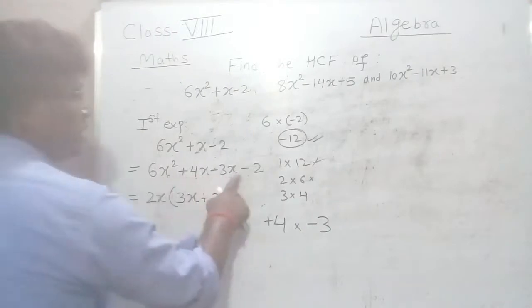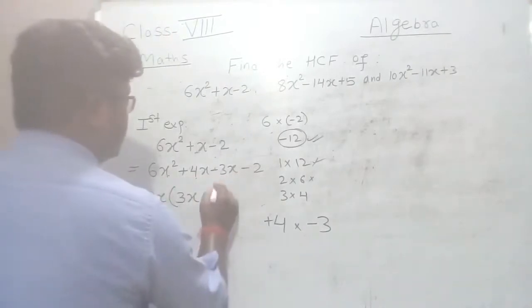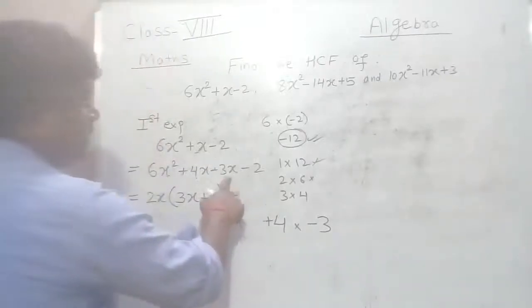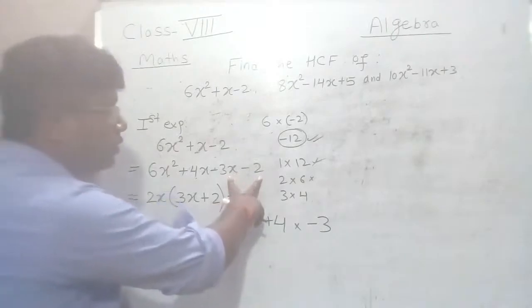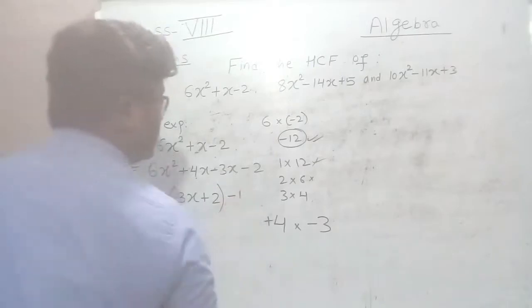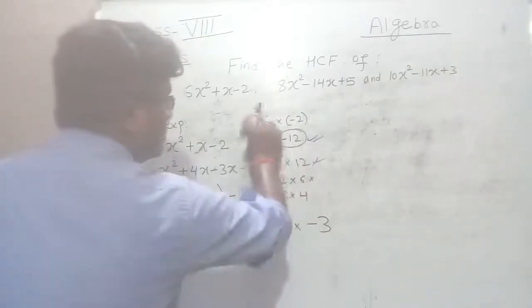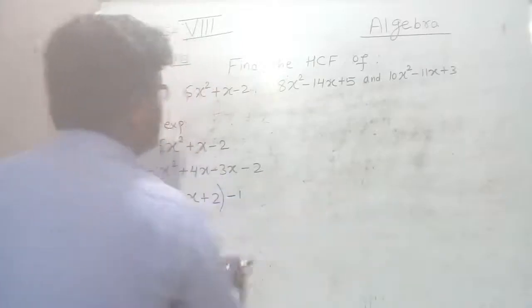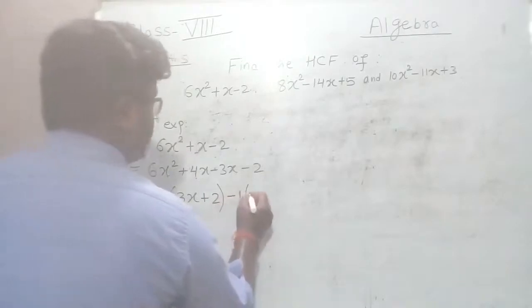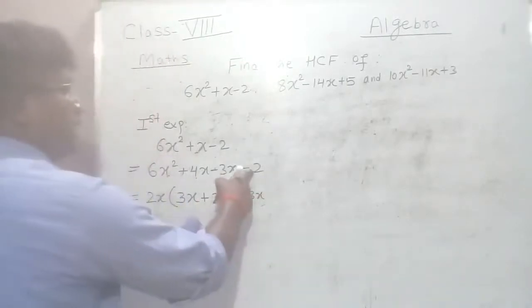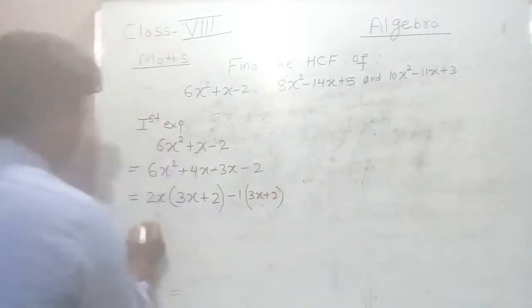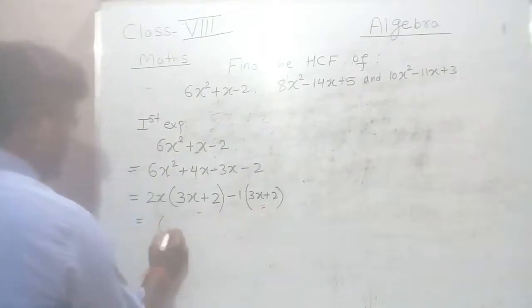Now from the next two terms, it is a negative sign, so we take negative common. Is there anything else common between 3x and 2? There is nothing common, so we take 1 as common. Taking minus 1 common, from minus 3x we get 3x remaining, and from minus 2 we get plus 2 remaining. Now the bracket 3x plus 2 is the same, so we take it as common.